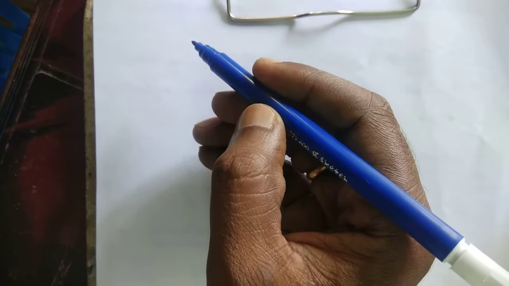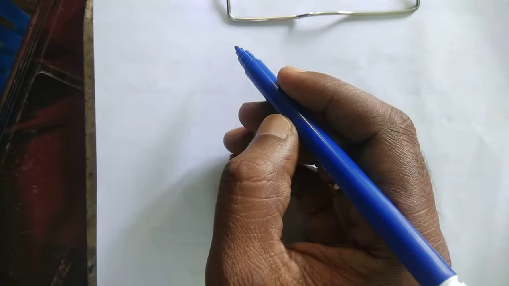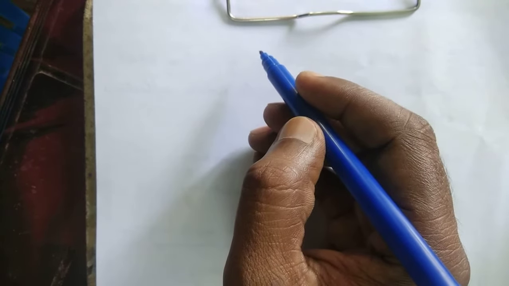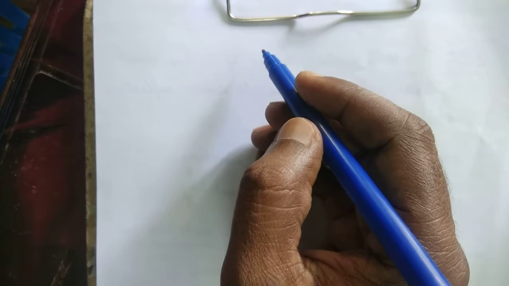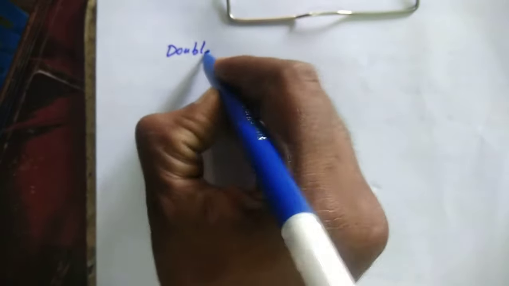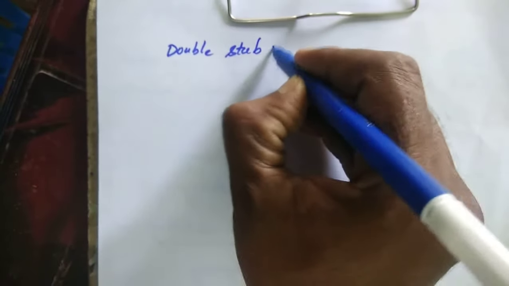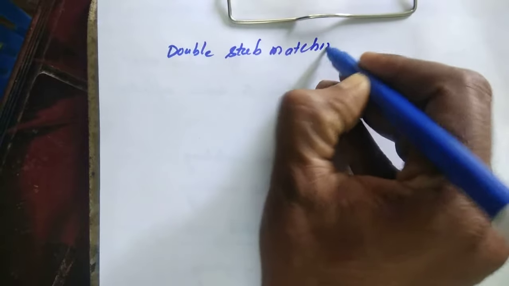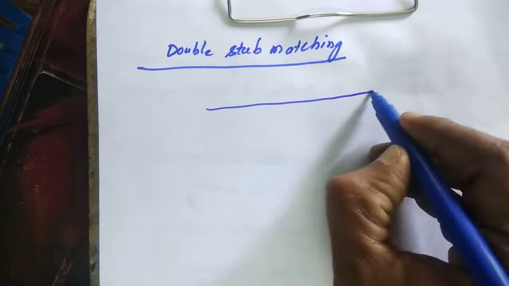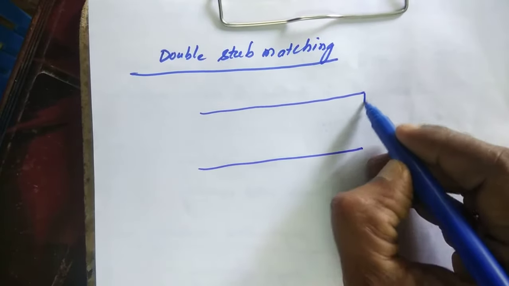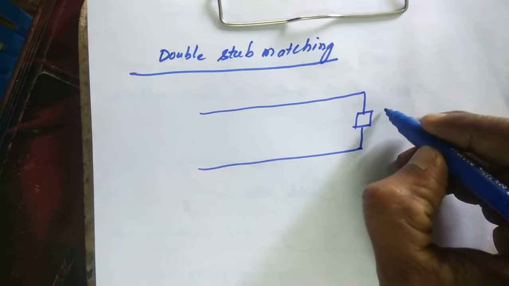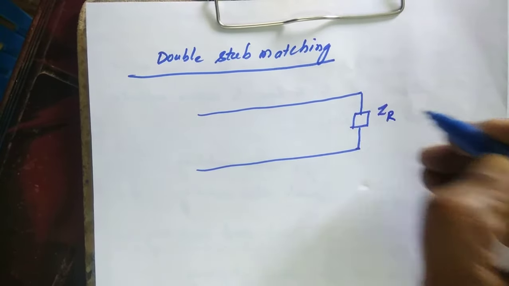To overcome the two disadvantages of single stub matching, we use two short-circuited stubs whose lengths are adjustable independently but whose positions are fixed, and we consider this as double stub matching. So this is a main transmission line ended with load ZR.